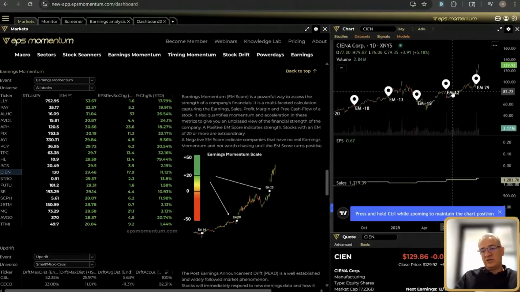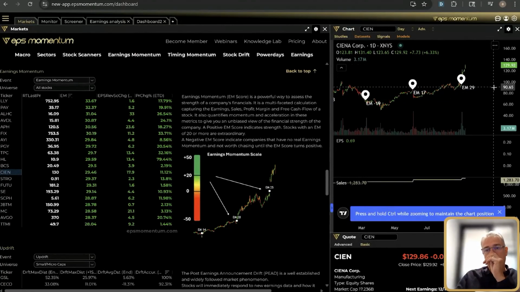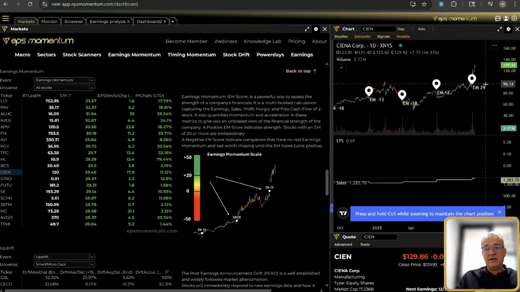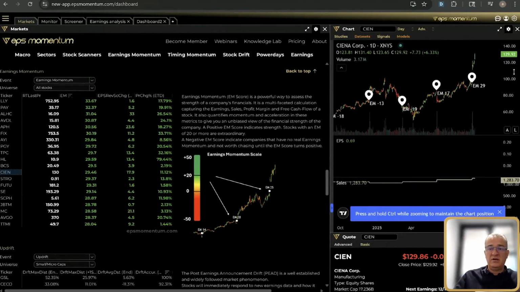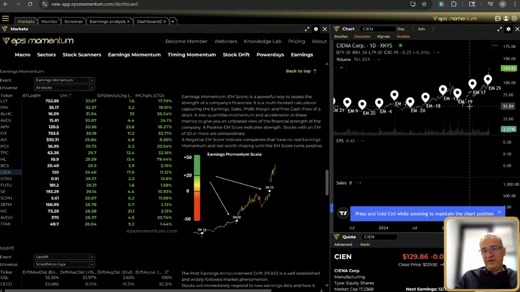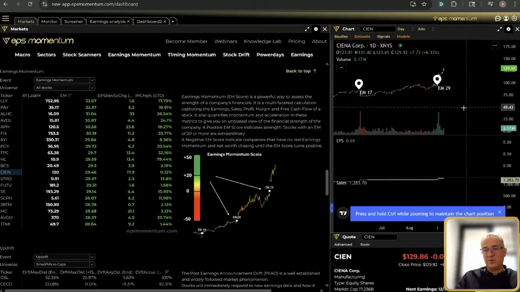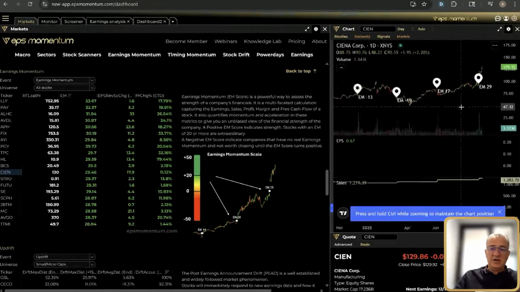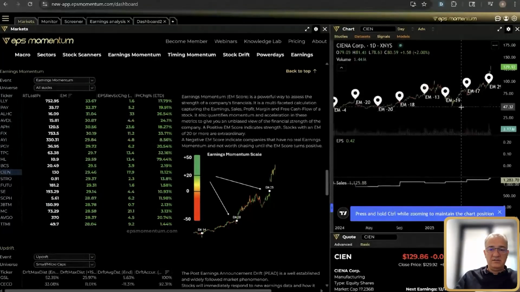All of a sudden 17, 29, and then the stock shoots up and actually breaks a high. So Ciena is all of a sudden awakening after, I would say, decades of sleepiness, but because of all the AI and data infrastructure, they're a prime candidate for making more money.